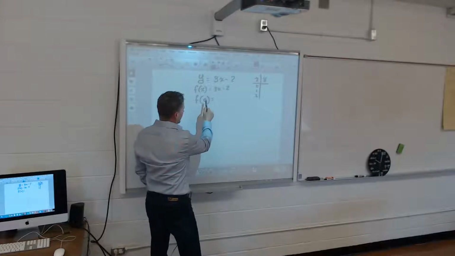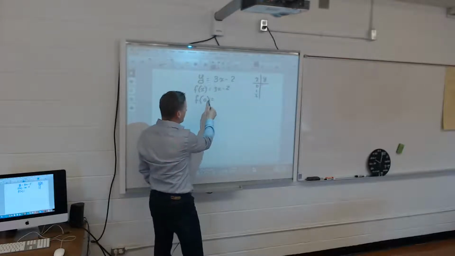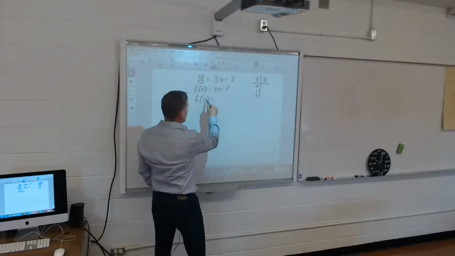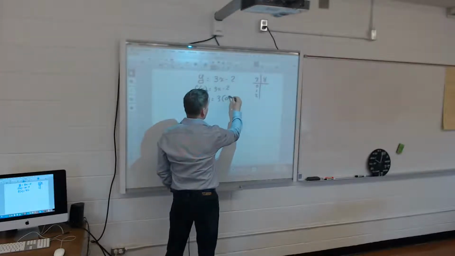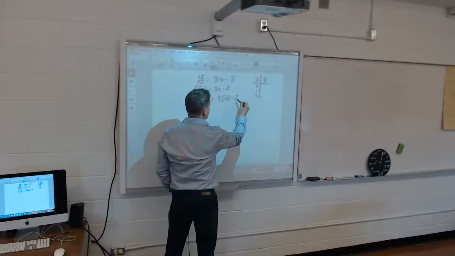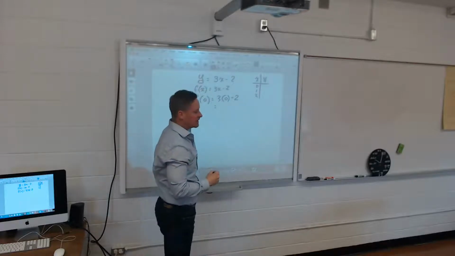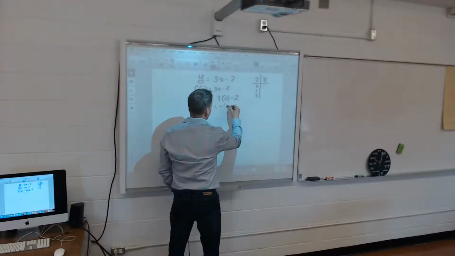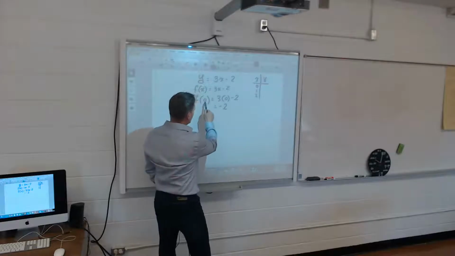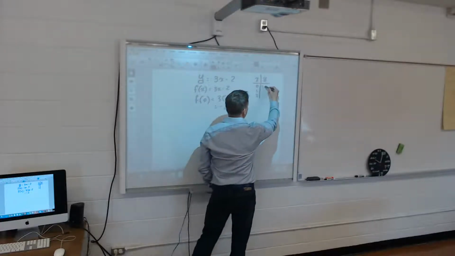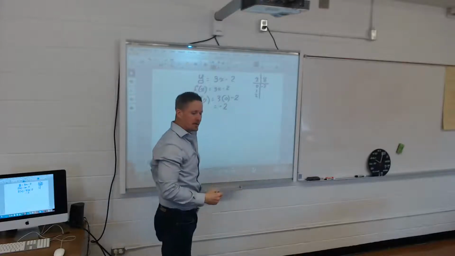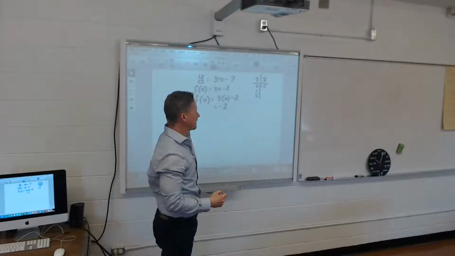So what this notation means is that when x is 0, what is y? Wherever you have an x value, you exchange it for whatever that value is. In this case, it's 0. So I go 3 times 0, which is 0, minus 2. So when x is 0, y is negative 2. If I was doing a table of values, I would just write it like that. Can you see that all right?